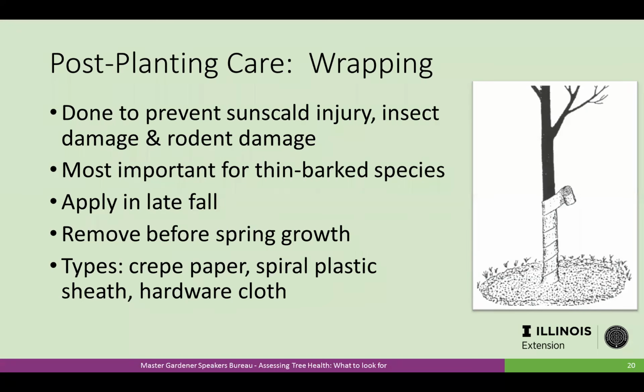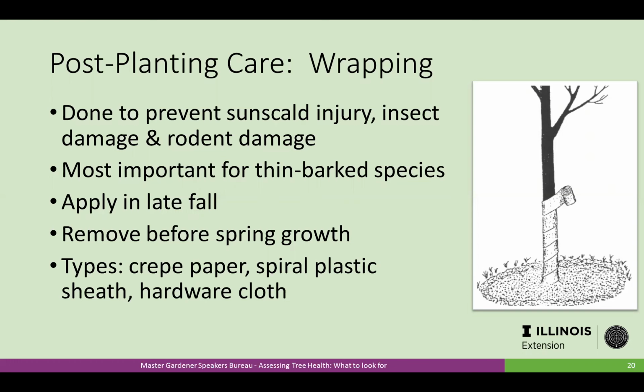Usually what most people don't understand though is you don't leave those on all year long. So put them on in the fall and then take them off before the spring growth starts. There are different types available. They've listed the crepe paper. I see the plastic spiral wraps quite a bit.